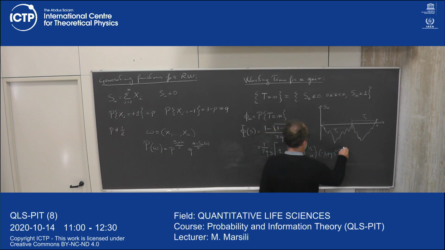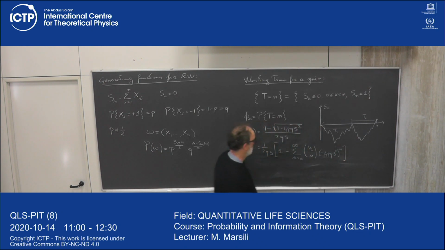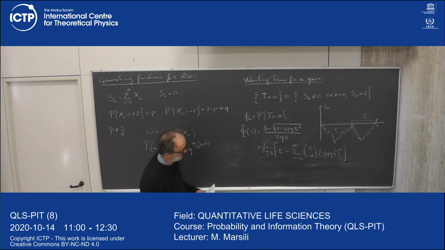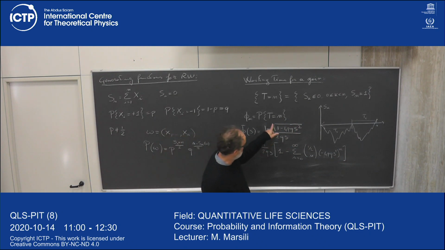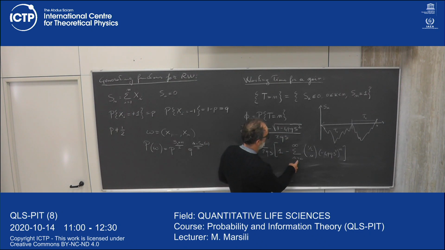This is just the expansion using the binomial expansion of the square root. Now you see that the term n equal to 0 is just 1, so it cancels with this one.